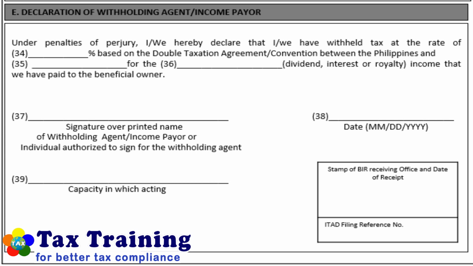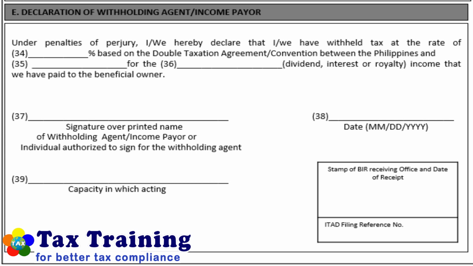Okay. So under penalties of perjury, we hereby declare that I or we have withheld tax at the rate of blank percent based on the double taxation agreement convention, tax treaty between the Philippines and the name of the country for the kind of income, can be dividend, interest, or royalty that we have paid to the beneficial owner. Okay.